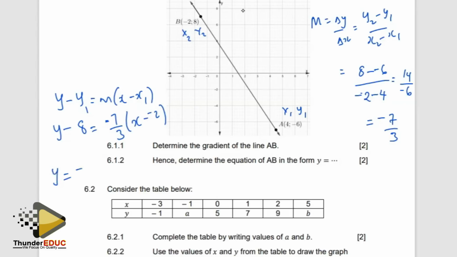Simplifying that, it's going to be negative 7 over 3 x, and negative 14 over 3. When I move this one that side, it's going to be a plus 8. So when I simplify the entire expression, I'll get negative 7 over 3 x plus 10 over 3. So that is the equation that I'm getting.